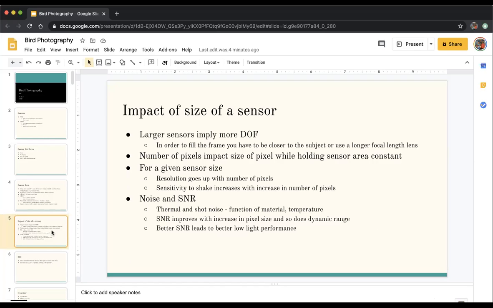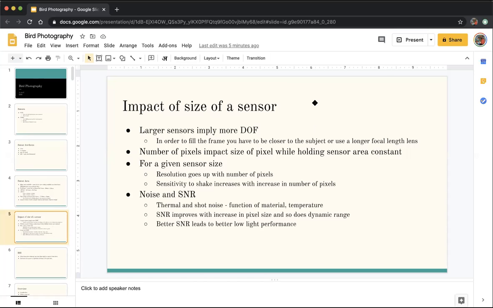how does it affect your picture taking? One of the things to note is a subtle effect: a larger sensor will imply more depth of... I think it should be the other way. It should be a smaller depth of field.